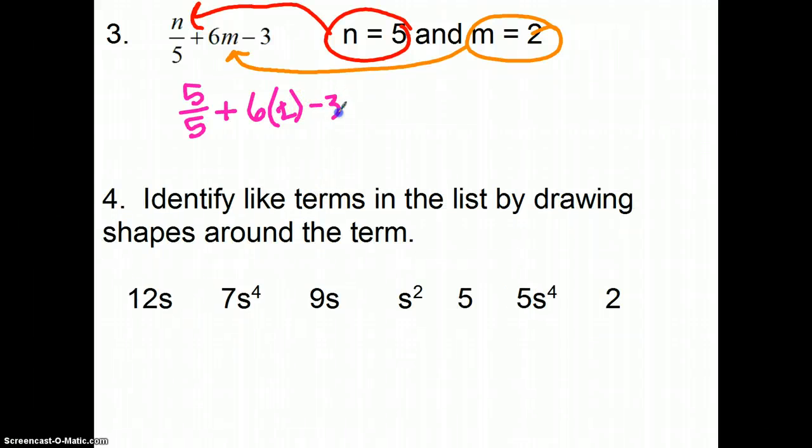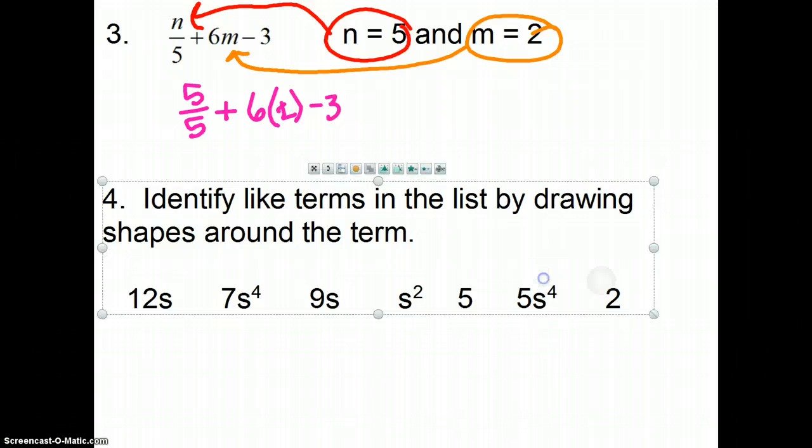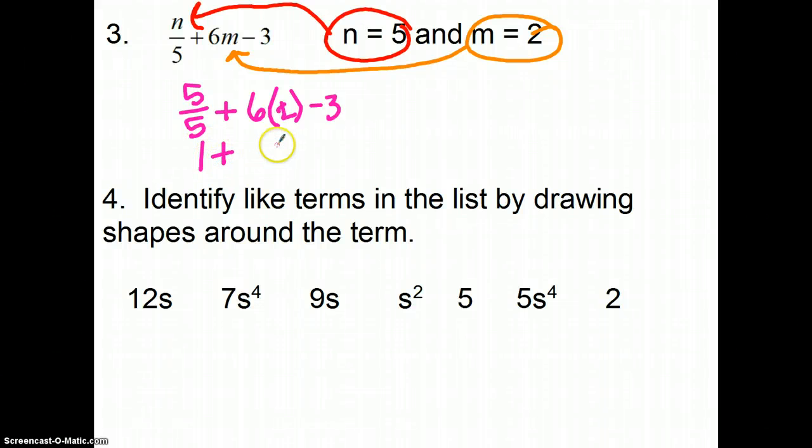And then I can't forget the minus 3. So if I simplify this, 5 over 5 is 1. Plus 6 times 2 is 12, minus 3. So 1 plus 12 is 13, minus 3 is 10.